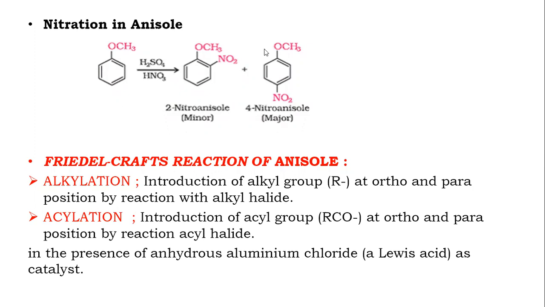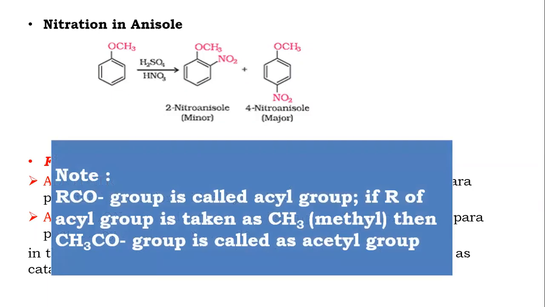So it is the limitation, the drawback of the octet rule. The point to be noted here is that the RCO group is called an acyl group in general. If the alkyl group of RCO is taken as a methyl group, then it will be called an acetyl group.